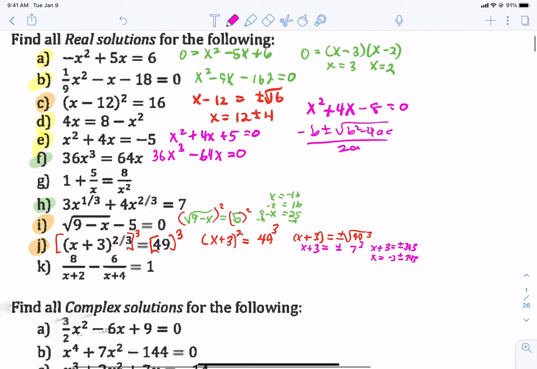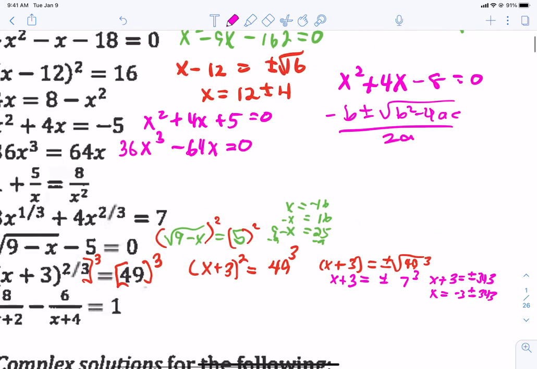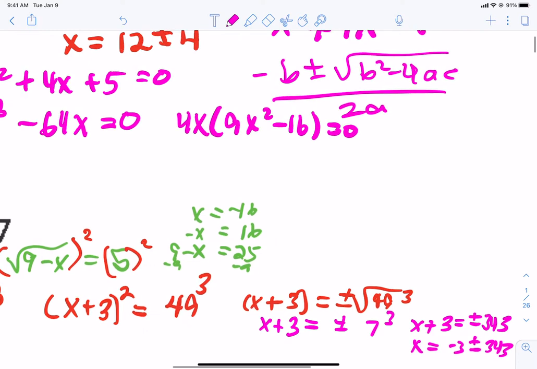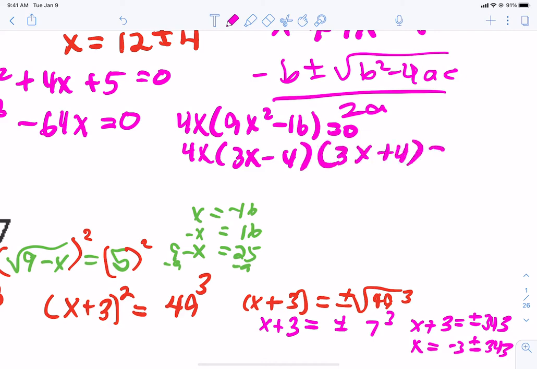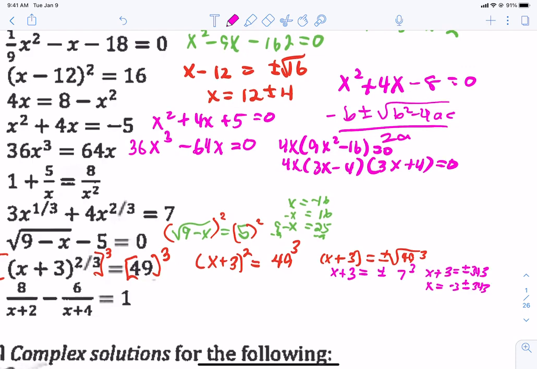So if we keep going, we can take out a 4 and an x. And then we're left with 9x squared minus 16, which is a factorable quantity, 3x minus 4 and 3x plus 4. And then you set each one equal to 0 and solve.